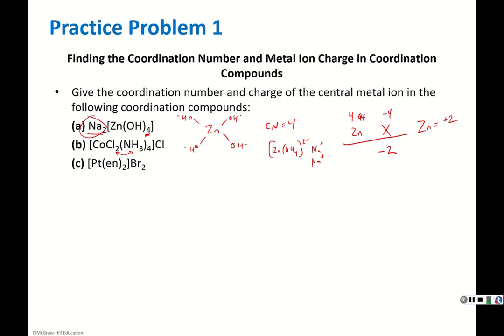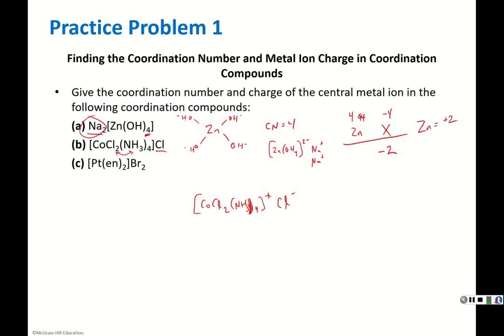There's 1 balancing chloride anion, so this whole complex, with the NH3 4, has to have a +1 charge, because it's balancing with 1 chloride.